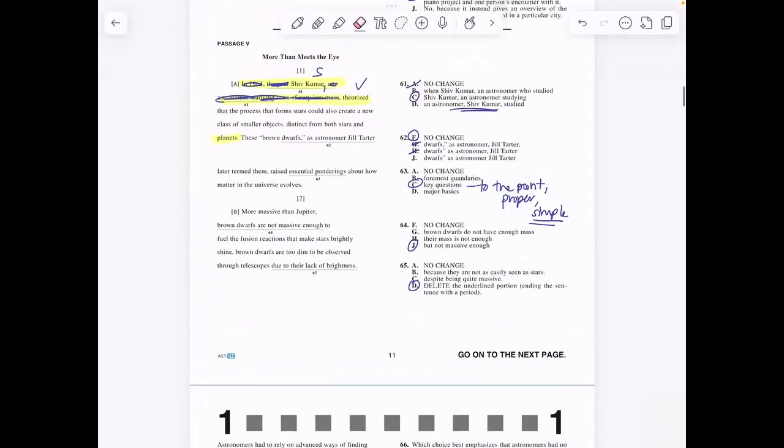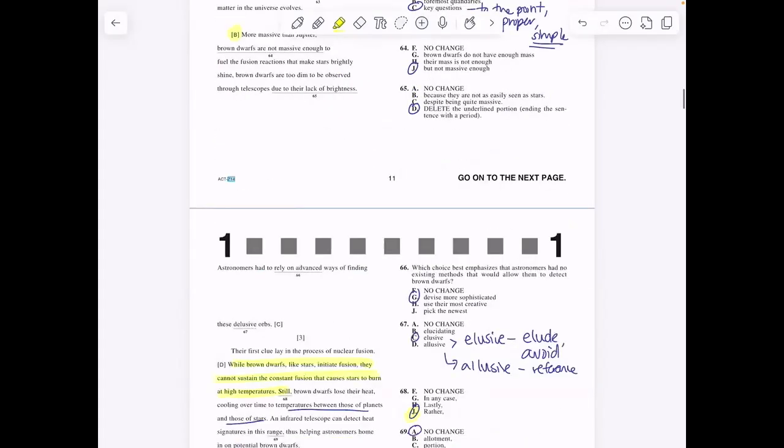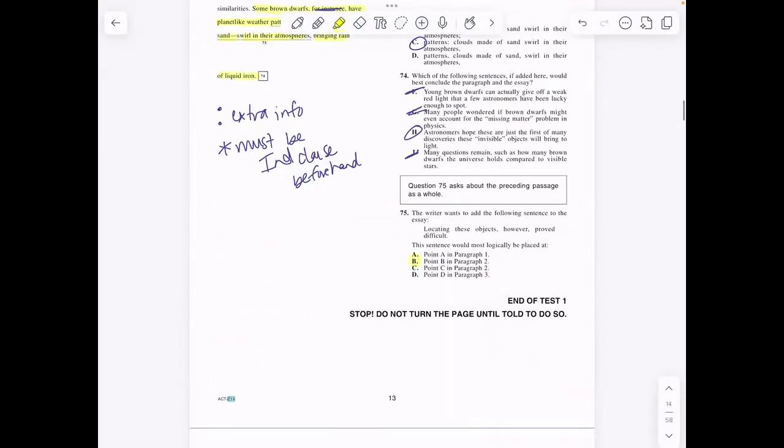I think it's B because they're hypothesizing about them, but then it talks about why they could not see them. So 75 is B. That one's kind of tricky. I was tempted to put C. But it's saying locating these objects, meaning the brown dwarfs that those scientists in paragraph 1 had talked about.